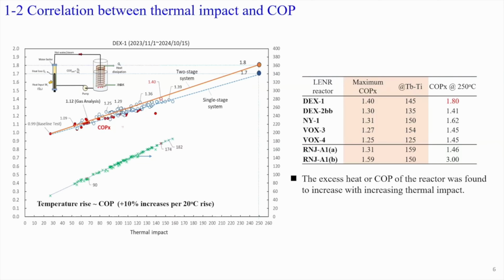According to the extrapolation from our experiences, COP could be increased by 10% for every 20 degrees Celsius of temperature rise. If the temperature rise is large enough, we might be able to improve the COP without extra input power or other extra effort.